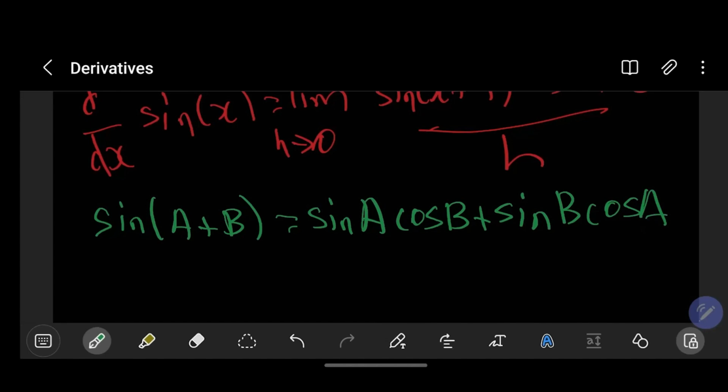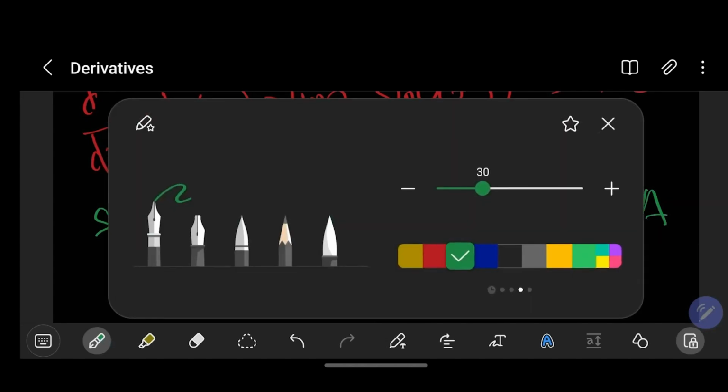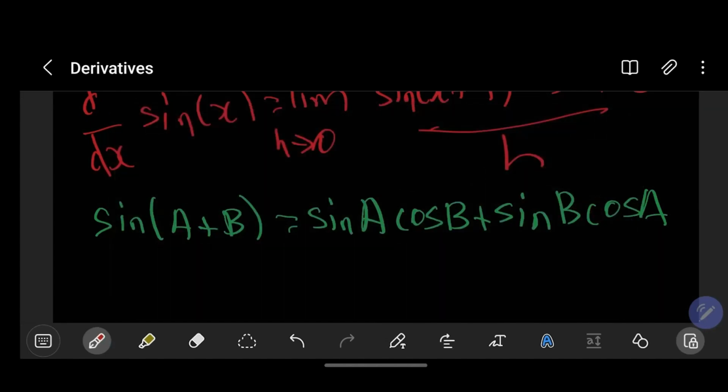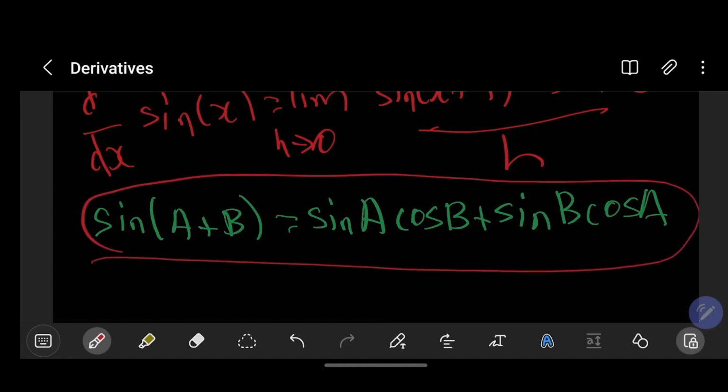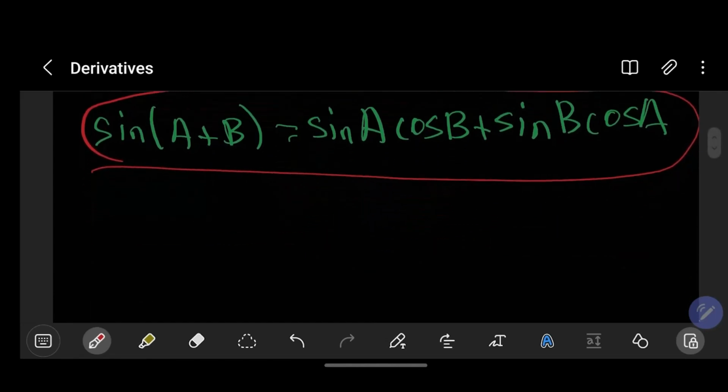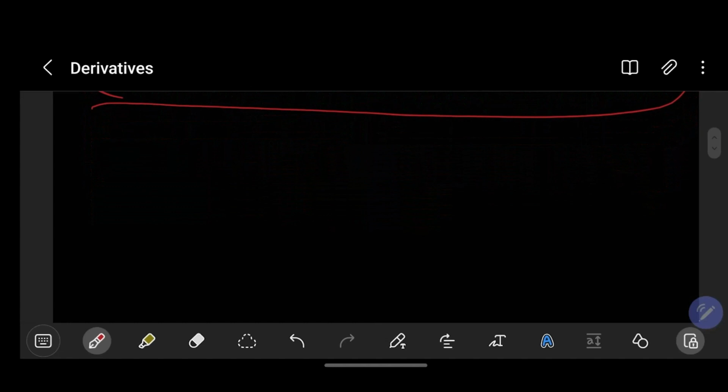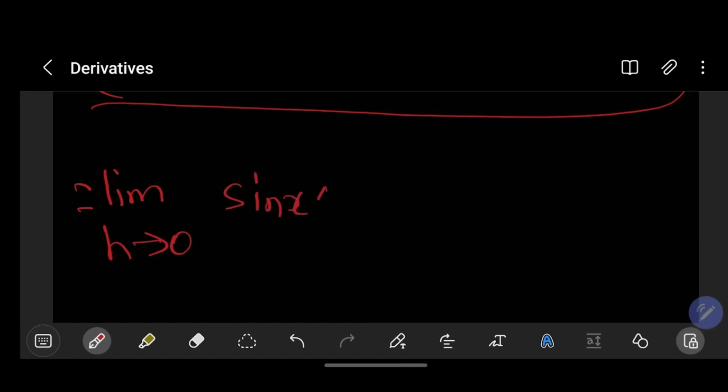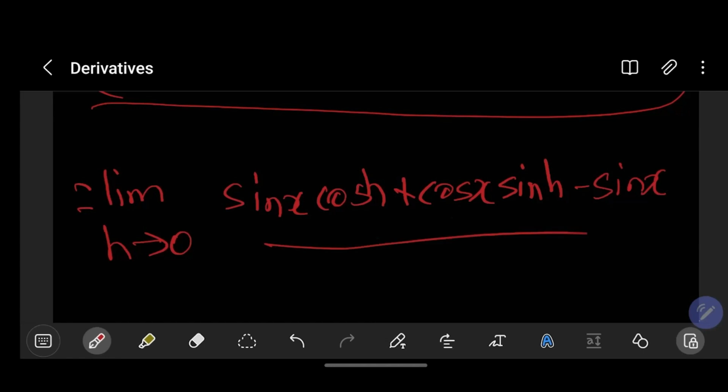I will make another video on trig identities, but if you do not know any trig identities, just remember this for now, as we'll use this to prove that the derivative of sine of x is equal to cos of x. So using that identity, we can now say this is equal to the limit as h approaches 0 of sine of x cos of h plus cos of x sine of h minus sine of x all over h.